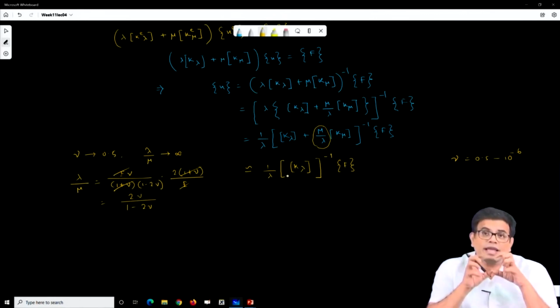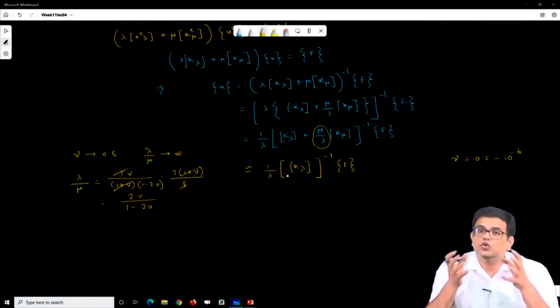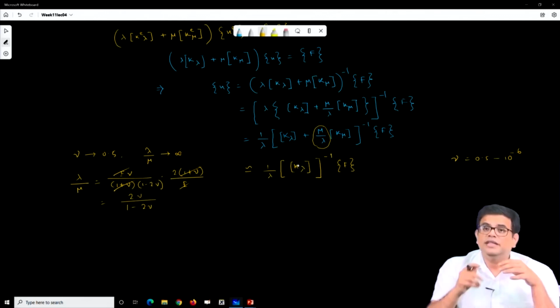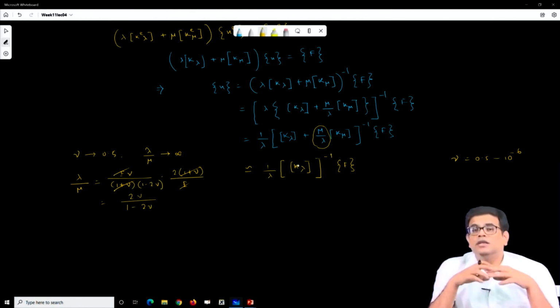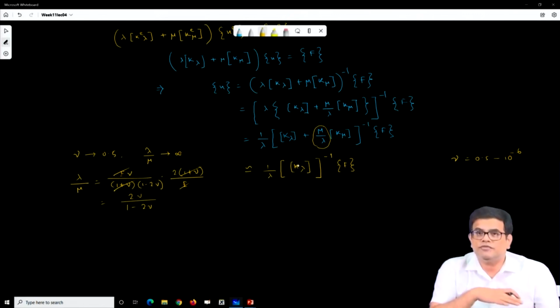That means, if I can suppress the deformation due to this lambda term, or this k lambda term, then that volumetric part of the deformation will not contribute. The unphysical volumetric part of the deformation will not contribute to the stiffness matrix.